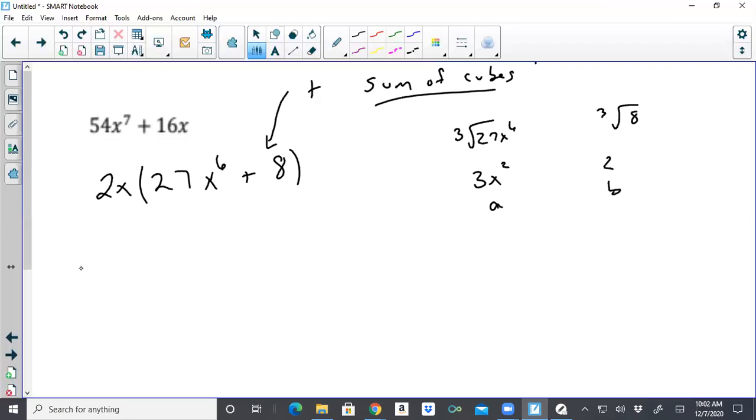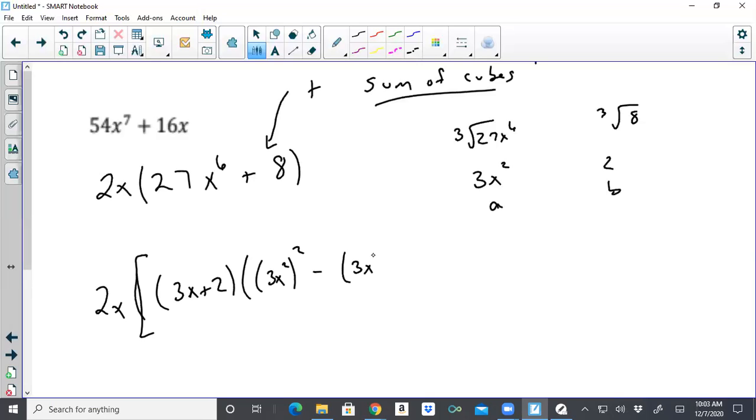I'm just going to plug those in, and I'm going to leave everything else the exact same way that it was before. So 2x times, now if you want to, you can put a big bracket here. It doesn't make a difference. But now I'm going to do a plus b. So 3x squared plus 2 times a squared, so 3x squared squared, minus a times b, so 3x squared times 2, plus b squared.